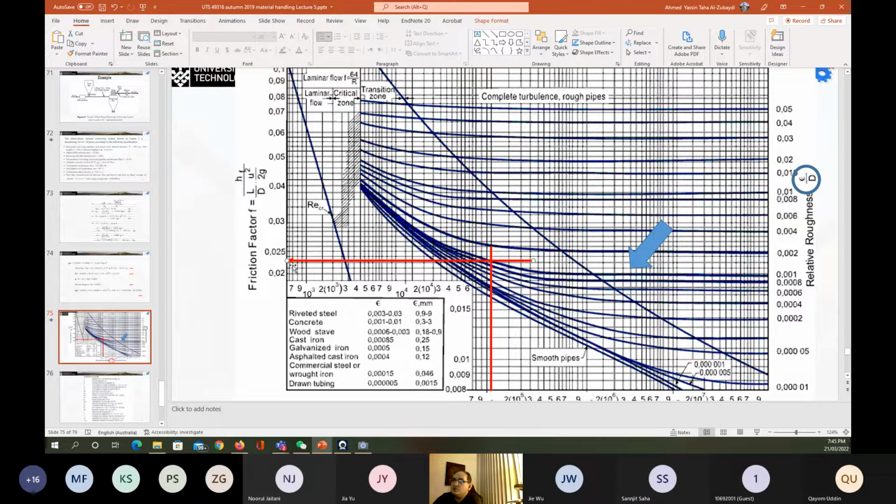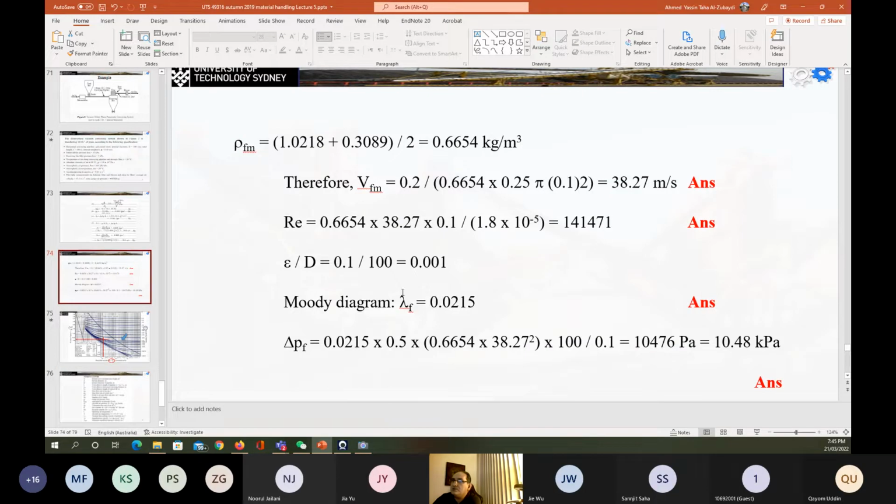I think 0.022 is going to be more accurate. That's what we got earlier, 0.0215 for the lambda. We put it in the equation of the delta PF, and thus we find the pressure difference for the flow, which is 10.84 kilopascal.